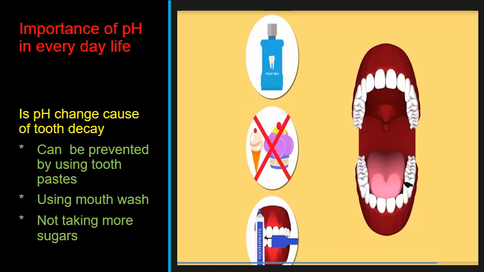Do you know toothpaste is a base? If the teeth are acidic in the morning and you use this base, it will neutralize your teeth. So it can be prevented by using toothpaste and mouthwashes. You should brush your teeth twice daily. It's a good habit.